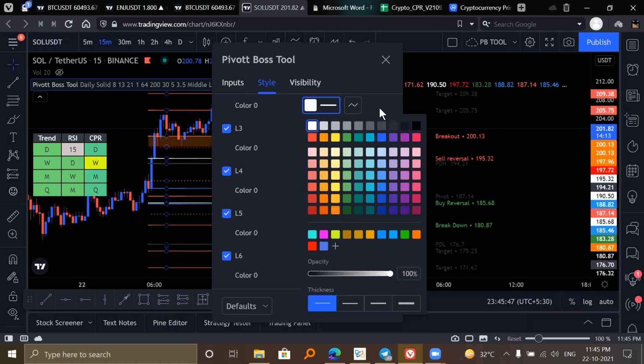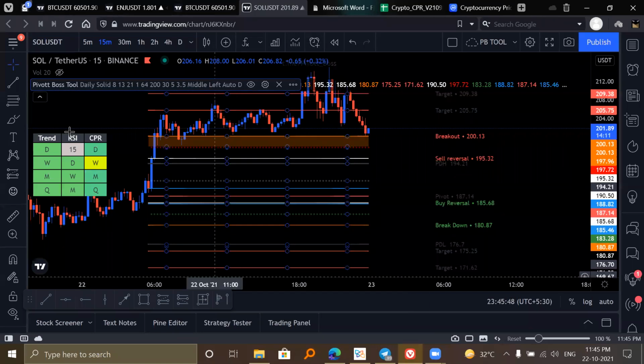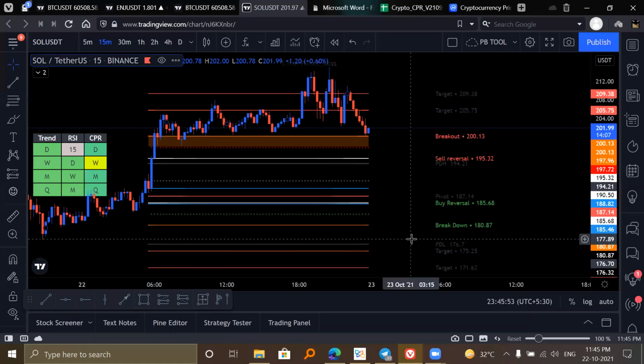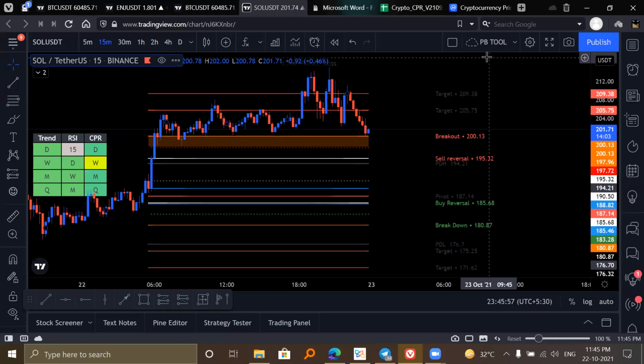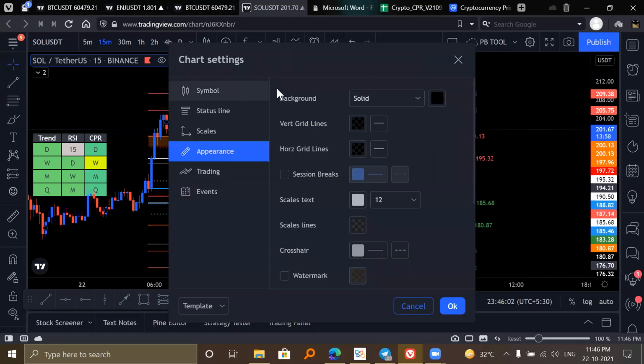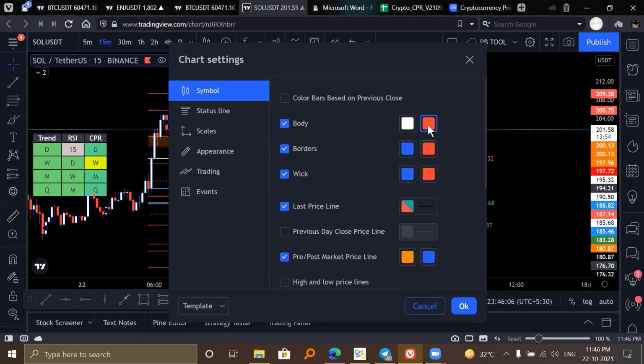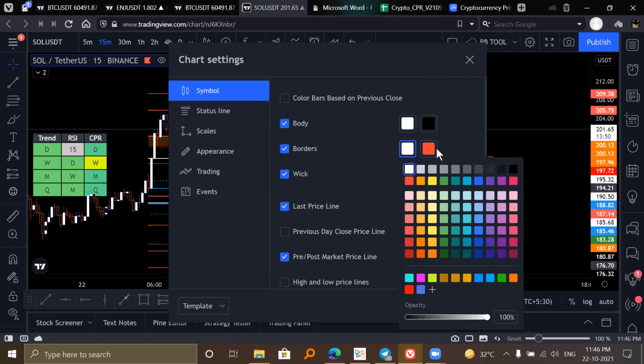Correct. So let me put it this way. See, if the pivot script on the daily time frame is breaking out your H3, it will just signify that it is a trend continuation. But how can you signify that this particular trend has some momentum? There has to be some momentum indicator or value to tell you that yes, this trend shall continue on the upside.